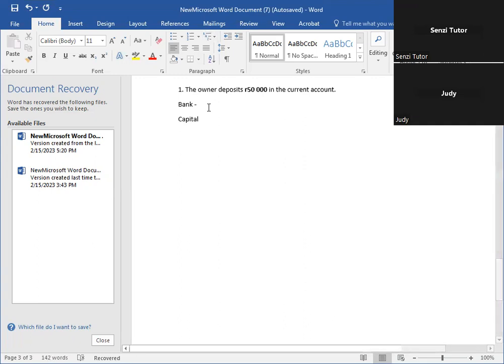A bank belongs to which element of accounting? Yes. Therefore, we are dealing with assets. Bank is an asset, and capital is owner's equity. Thank you so much.